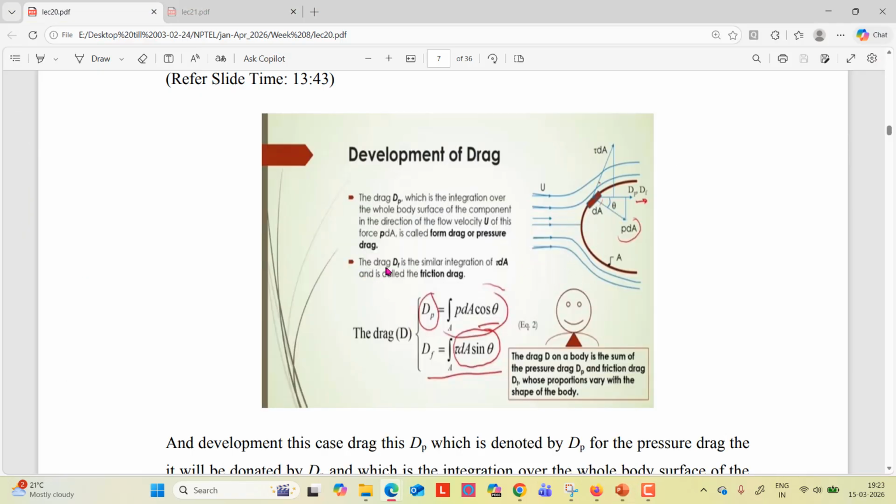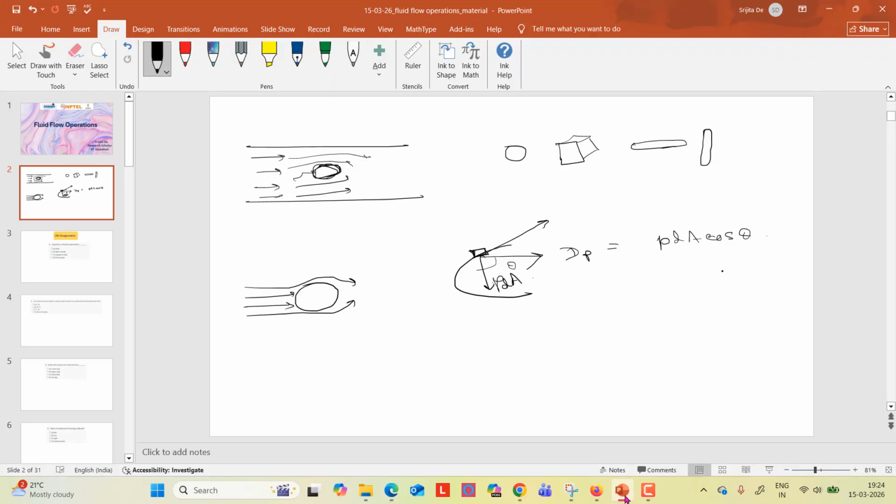Now the drag dF is a similar integration of tau dA and is called the friction drag. So friction is happening. Here this is the dF, the friction drag component. It is tau dA cos theta, right?